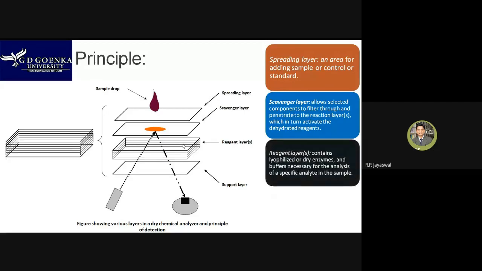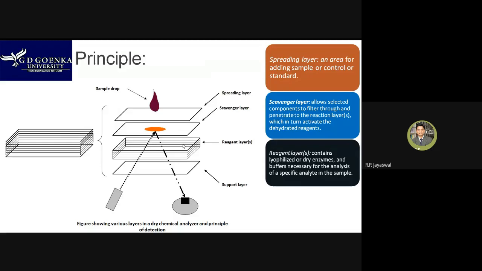What is the reagent layer? It contains lyophilized or dry enzymes and buffers which are necessary for analysis of a specific analyte in the sample. What we usually do manually in the wet lab is take reagent, take sample, mix together, then do incubation, and after incubation we take the OD with the help of a colorimeter.